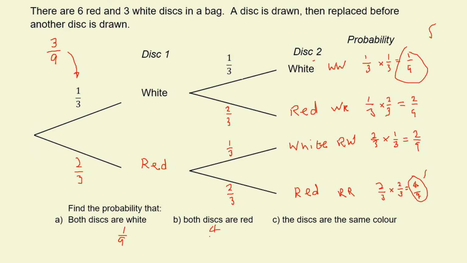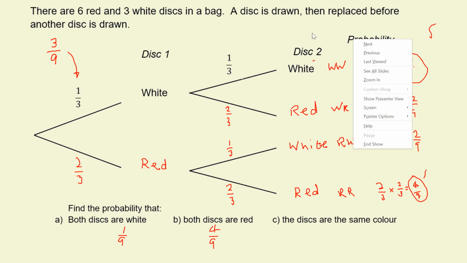And they are the same colour. Right, what does that mean? So they could both be white or they could both be red. We'll allow either. So what's the probability we ended up somewhere where they're the same colour? Can you see what we'd have to do? Which bits show me they are the same colour?